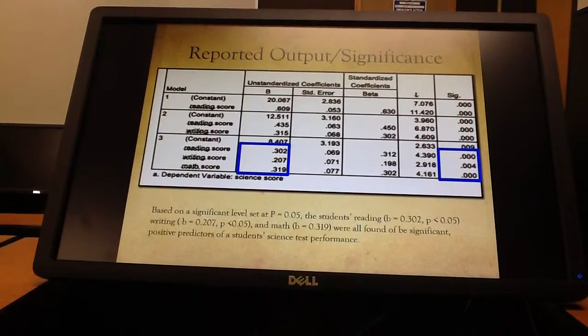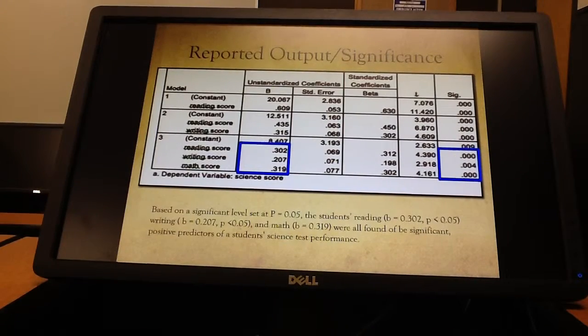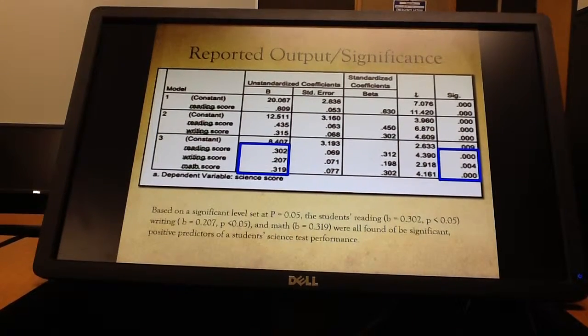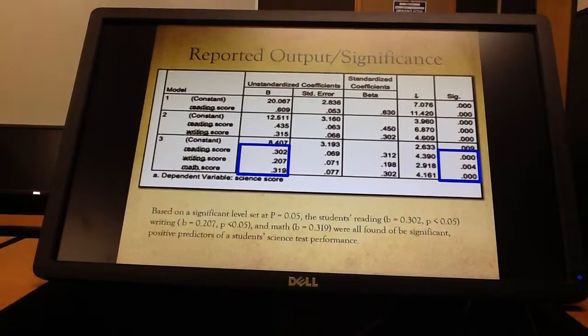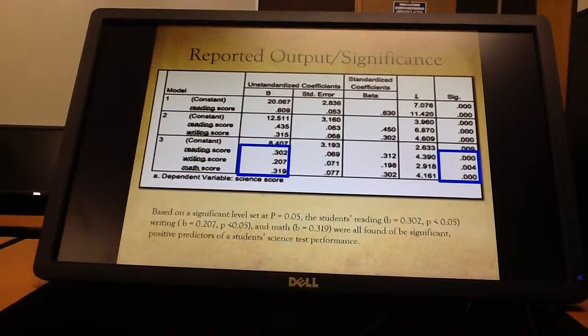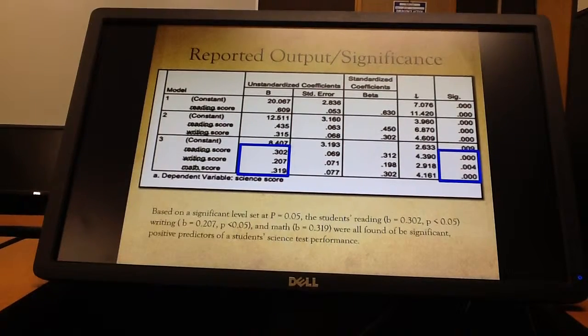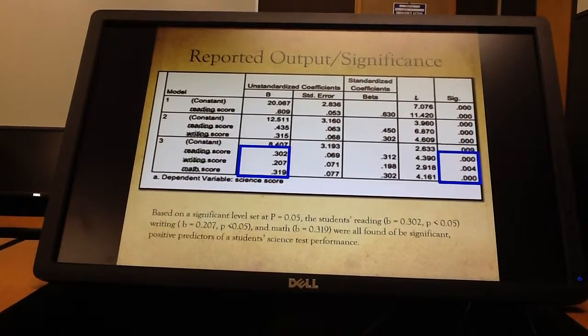You can also look at your unstandardised coefficients and the significance of these. For us, these were 0.302, 0.207 and 0.319, and they were all significant because they were less than the alpha value of 0.05.